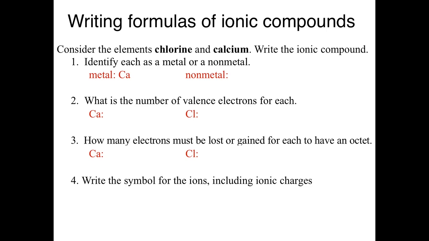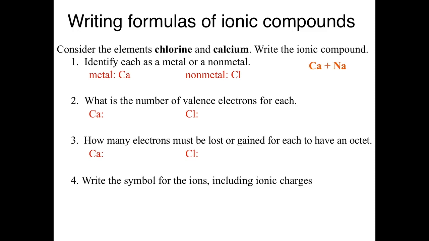In this case, the metal is calcium and the nonmetal is chlorine. Remember that ionic compounds can only occur between a metal and a nonmetal, because a metal will give its electron away, becoming a cation, and a nonmetal will gain those electrons and become an anion. A positive and negative are attracted to each other, and that attraction is called an ionic bond.